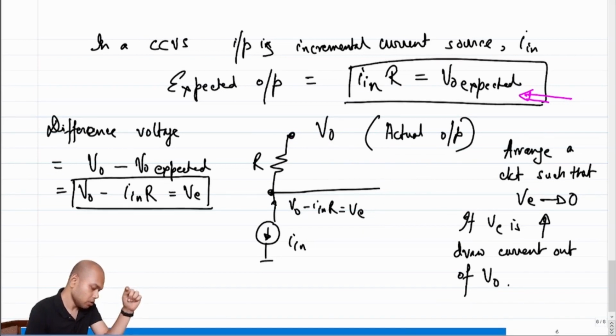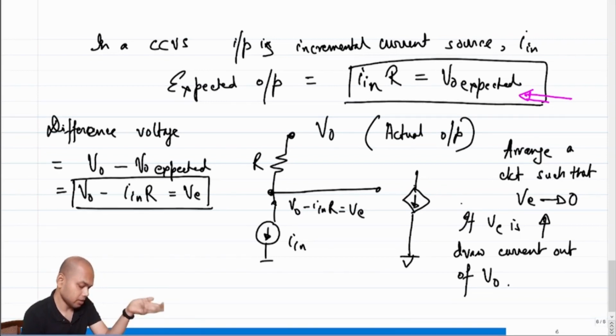Let's put an arbitrary voltage controlled current source, then we'll see whether it's realizable or not. Let's say this voltage controlled current source has a proportionality constant, some G, so G times VE.